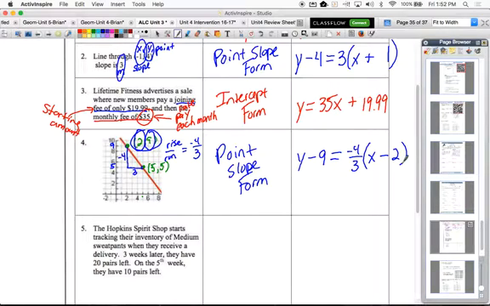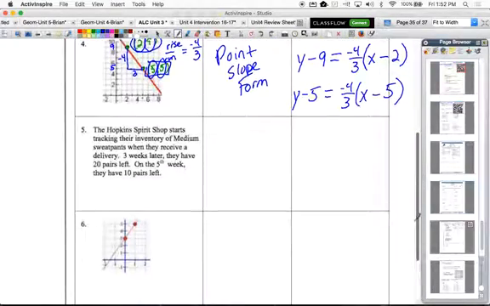Okay, if you did the other point right here, you could have written that equation as y minus the y value for our point, which would be 5, equals our slope, -4/3, times x minus the x value, which is also 5 here. So either one of these equations would work, and they would be equivalent to each other. If we simplified these, we would come up with the same intercept form equation, and so they both are the equation of the line. So either one of those would work.